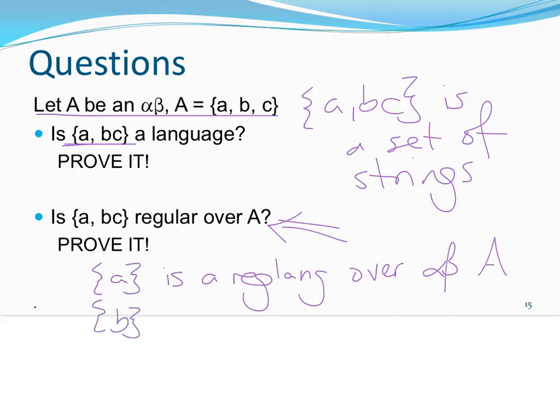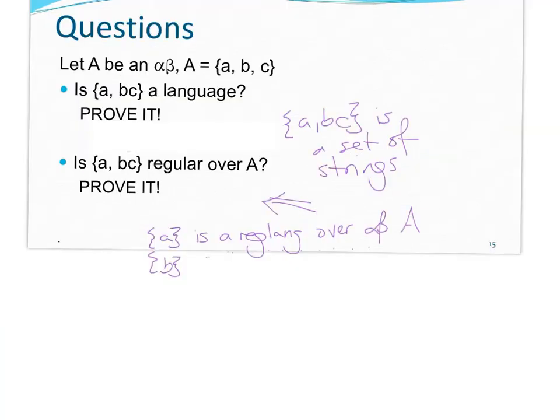And B is a regular language. Why is the set A a regular language over the alphabet A? Well, that's one of the base cases, definitions of regular languages. B is also a regular language over the alphabet A, same reason, base case.